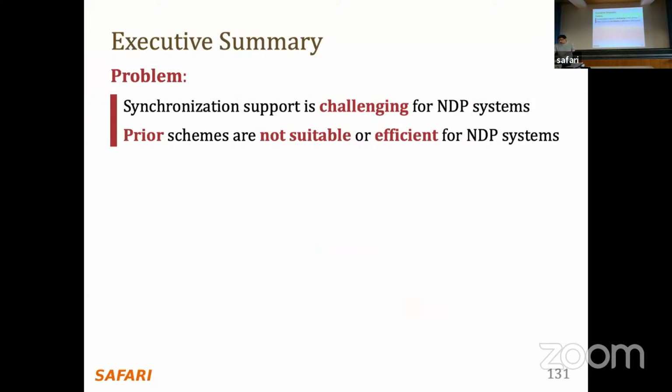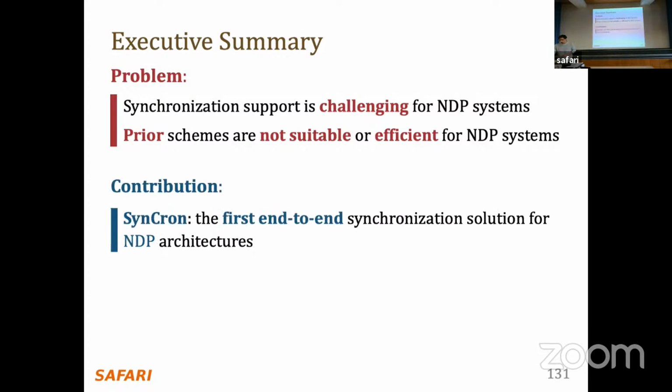So synchronization is challenging for NDP systems. We are going to see why. One of the reasons is that NDP systems don't have a shared level of cache. The way that threads are synchronized, for example, in CPUs or GPUs, makes use of the levels of the memory hierarchy that are shared, such as L3 in CPUs or L2 in GPUs.